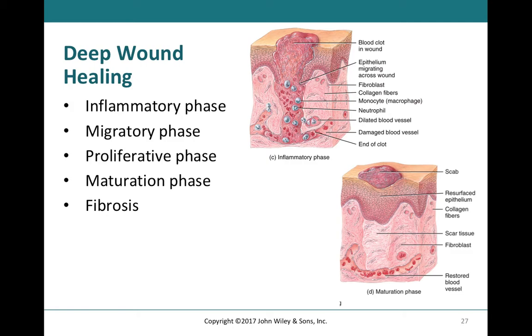In the proliferative phase, we basically just have more of the migratory phase events going on. They begin to intensify. And then finally, in the maturation phase, our scab will slough off. The epidermis will be restored to a normal thickness, and we'll have collagen fibers become more organized. Fibroblasts begin to disappear, and blood vessels will restore to normal.